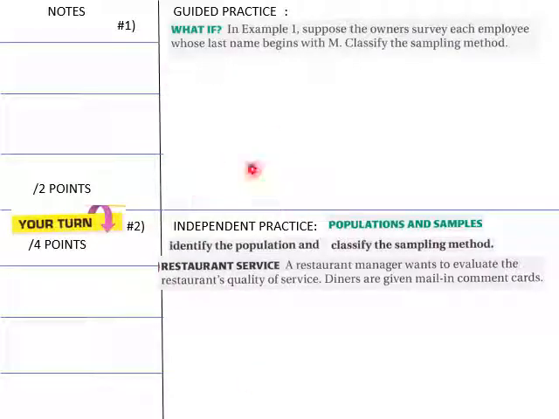Guided practice 1, example 1. Suppose the owners survey each employee whose last name begins with M. Classify the sampling method. And then students, this is for you.